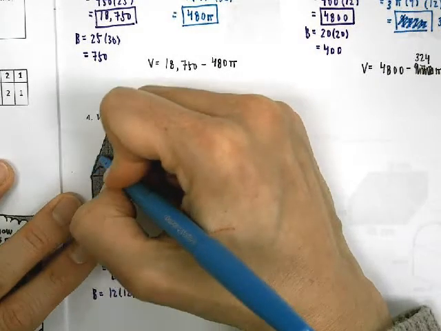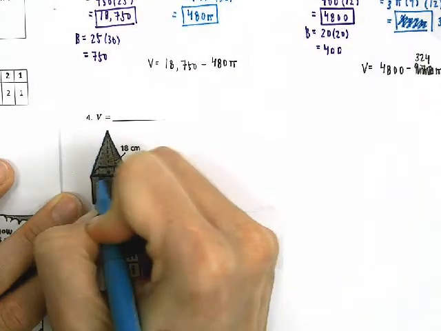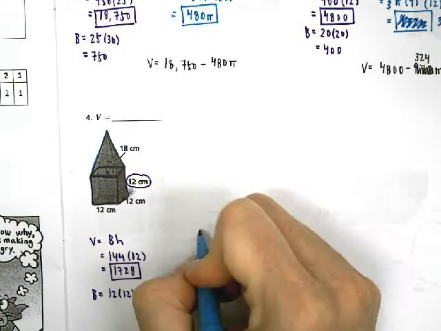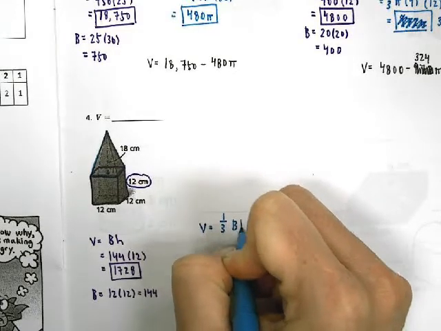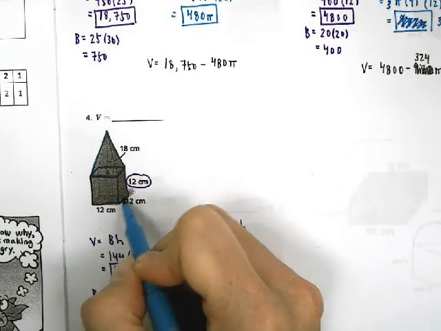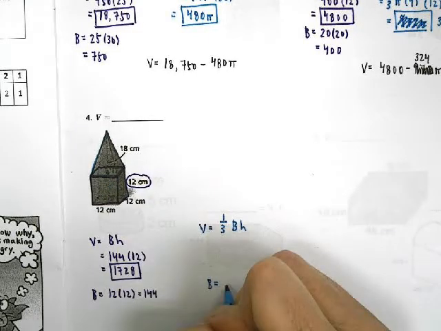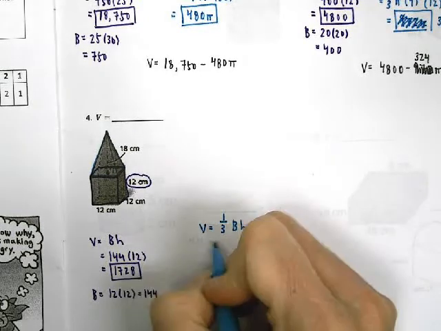Now, on top of that, we're adding a pyramid here. So I'm not going to forget my 1/3 this time. We have a square pyramid. So our volume is 1/3 the area of the base times the height. For the base, it's the same as the base of my prism here. So I have 12 times 12, which is 144.